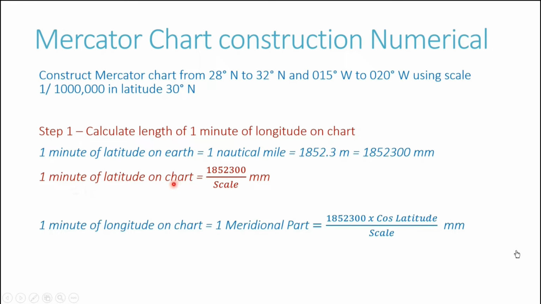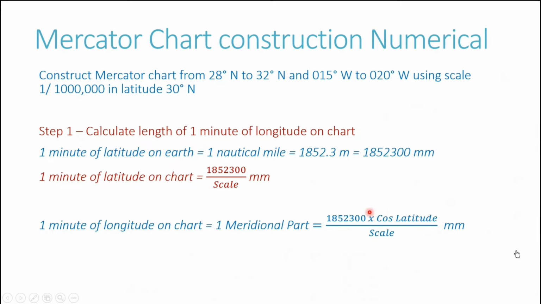Now from this, we can easily find out 1 minute of longitude. You remember the formula? The formula was latitude scale is equal to longitude scale divided by cos lat. So we have used the same formula here. We had the latitude scale, 1 minute of latitude was this much.